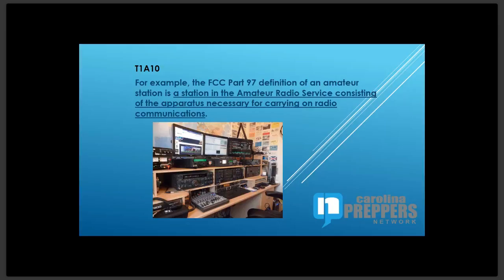With some of these higher end radios, I can go to work, and through a web portal, I can control my radio at home and listen to the traffic. Some of them have the interface where I can use my radio at home through the internet at work. And that's absolutely possible and legal. So the radio itself is the amateur station itself. And as you can see right here, all these are amateur stations.